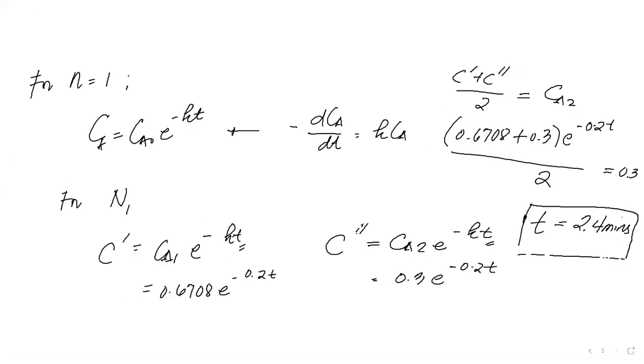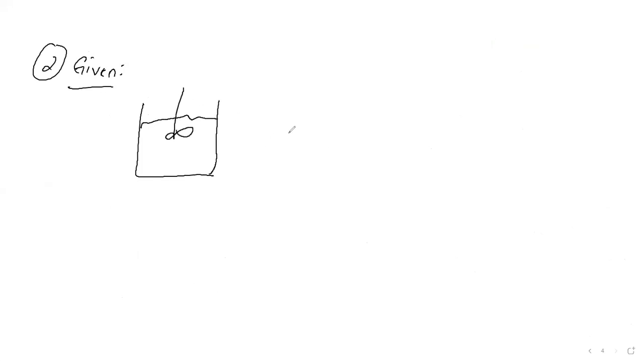So this is our second sample problem. For our second sample problem, we have a CSTR followed by a PFR. So we have a feed here, the effluent here being introduced to your PFR.